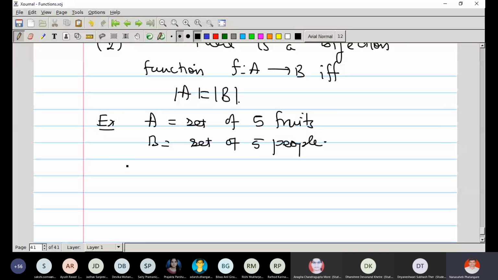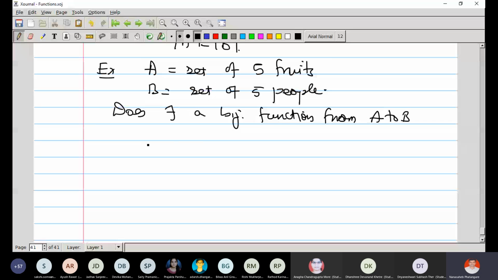Now, does there exist a bijective function from A to B? Yes. Right, so there is a bijective function from A to B.